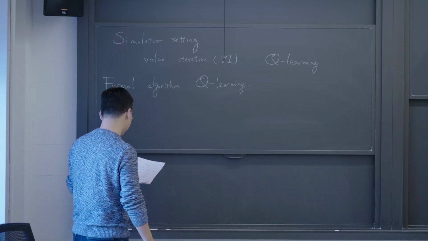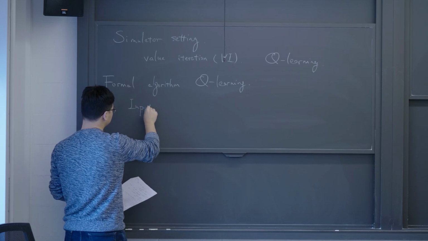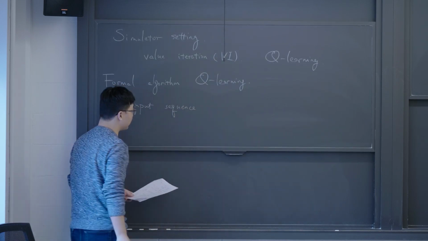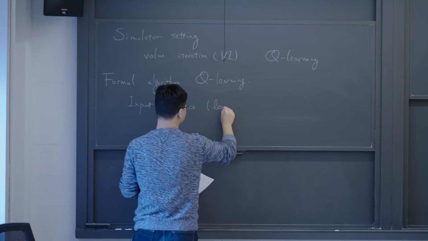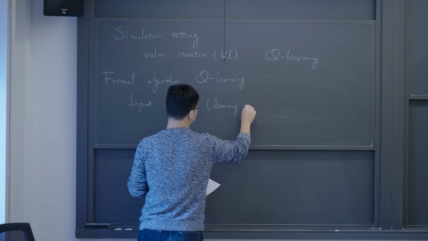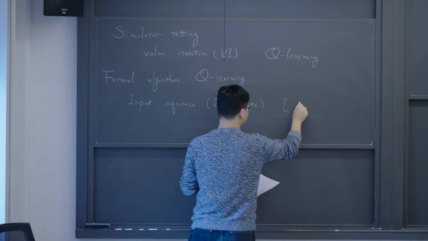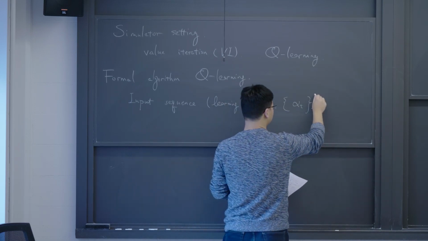The Q-learning algorithm needs as input a sequence. As we said last time, it is the learning rate, which is a sequence alpha_t, where t goes from 1 to infinity.